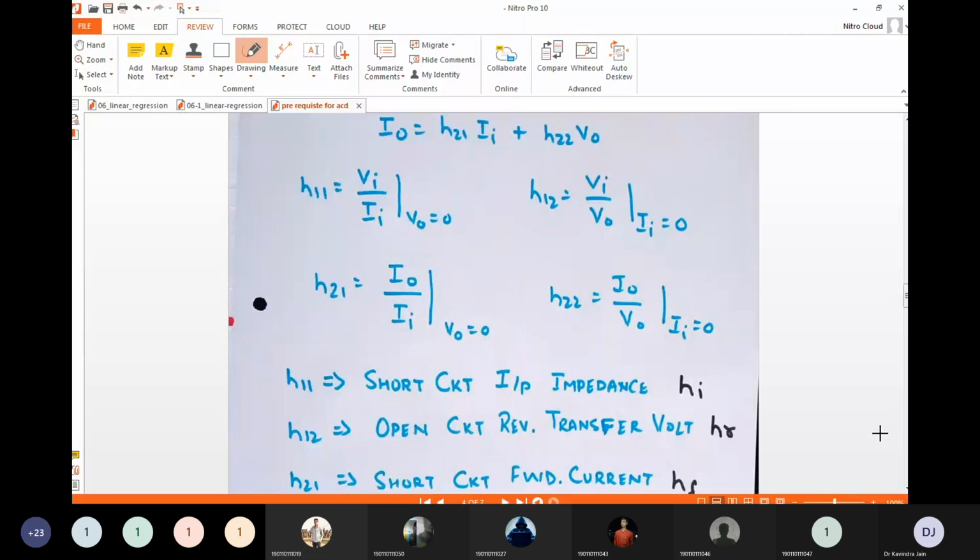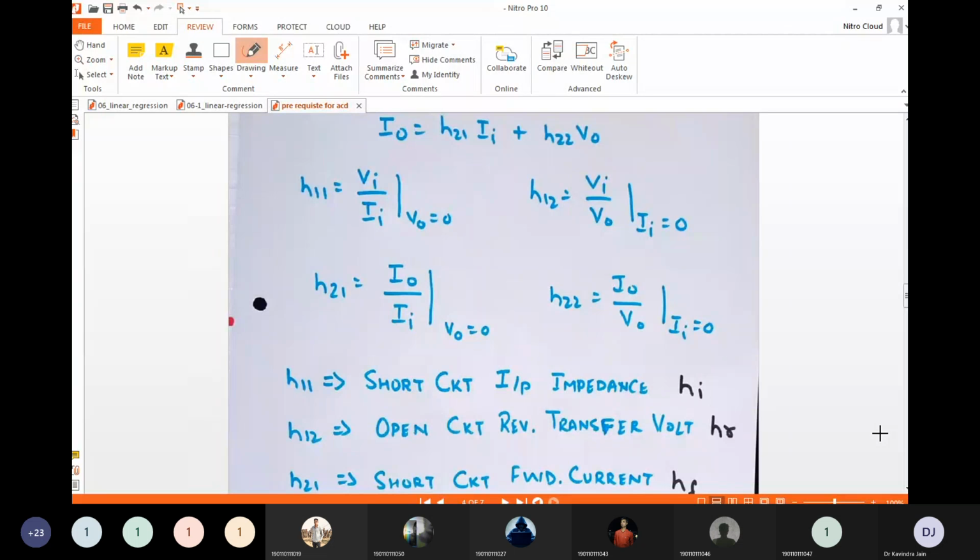The third one is H21. This H21 is nothing but output current upon input current, and it is measured when V naught, that is my output voltage V2, is equal to 0.